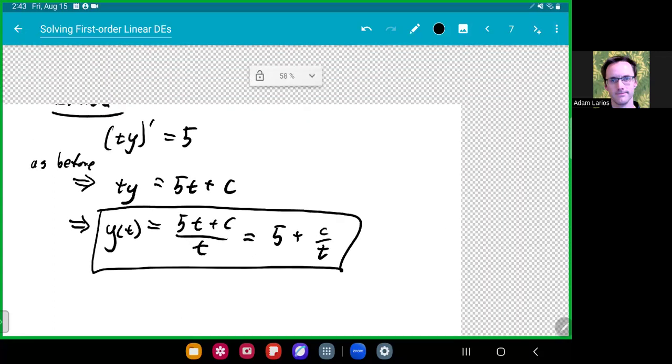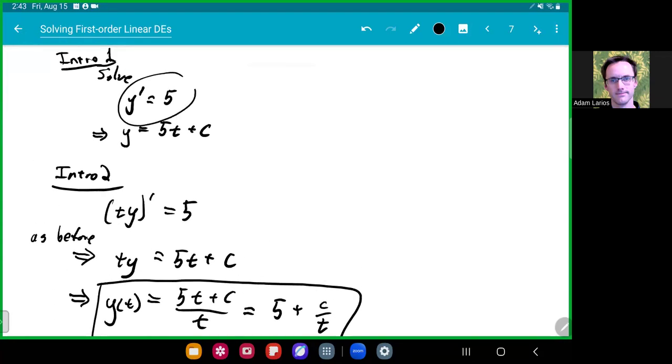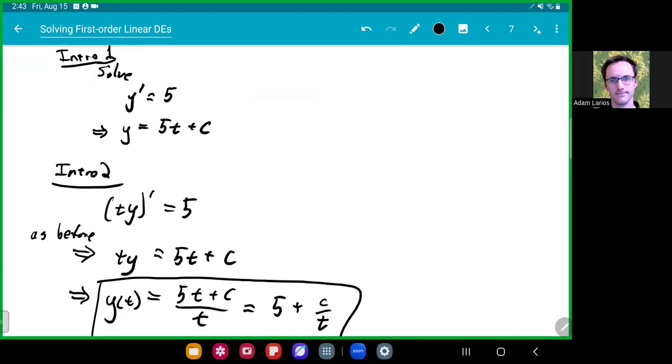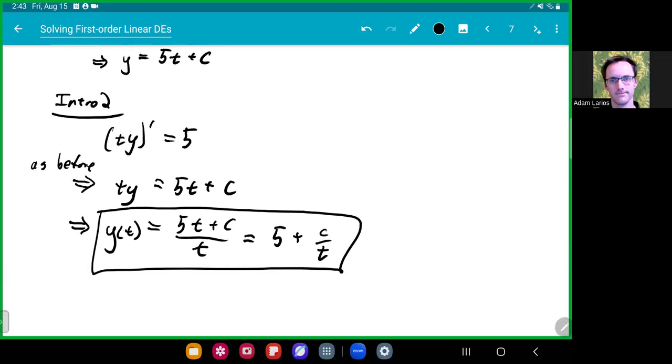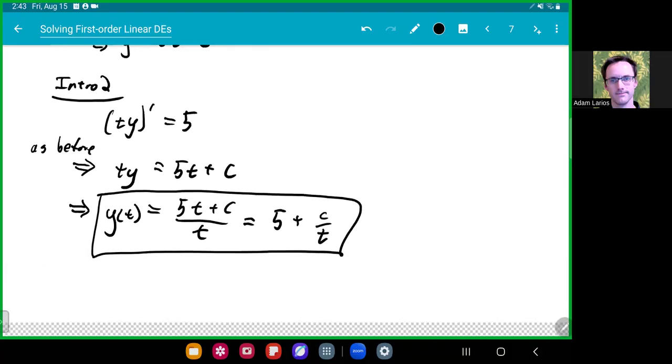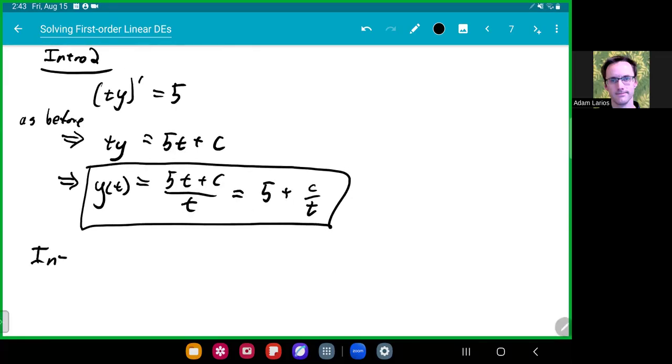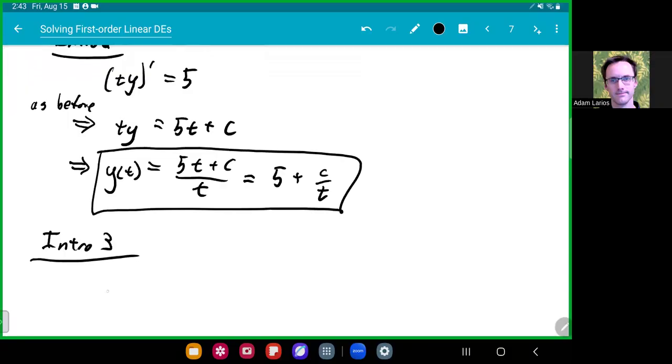Okay, so hopefully that wasn't too bad. We solved this equation, and then we solved this equation by essentially the same technique, except for just dividing at the end. Okay, let's take a look at introductory problem 3. Let's solve this problem. ty prime plus y is equal to 5. All of a sudden, this looks like a significantly more complicated problem.